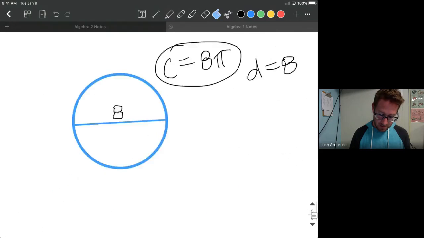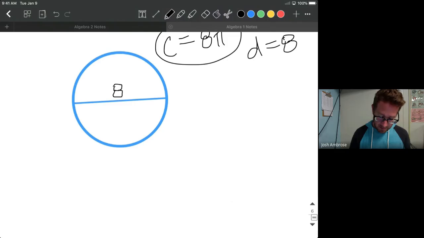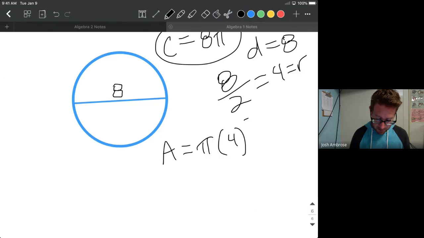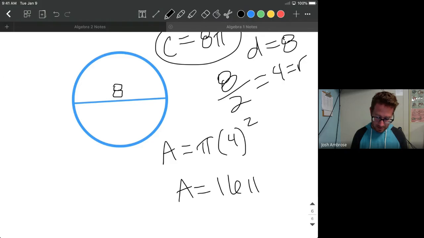So if I have my diameter, I'm going to take 8 divided by 2 equals 4, which is my radius. The equation for area is pi, and then radius squared. All right, 4 squared is 16. Area equals 16 pi. There it is.